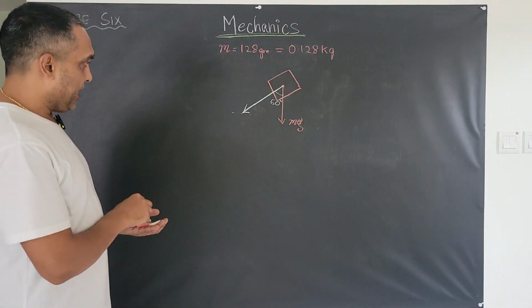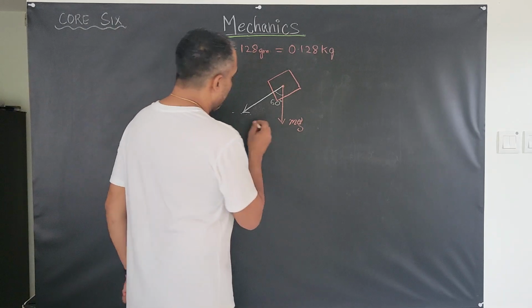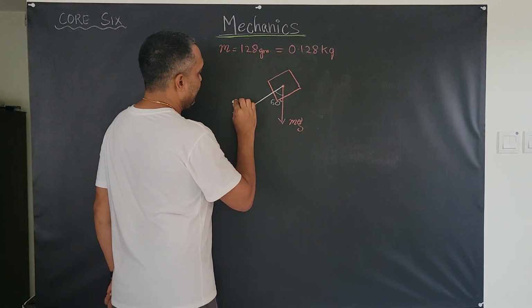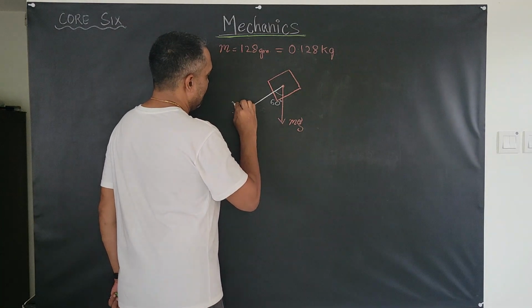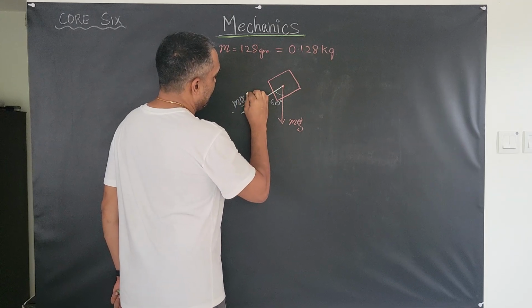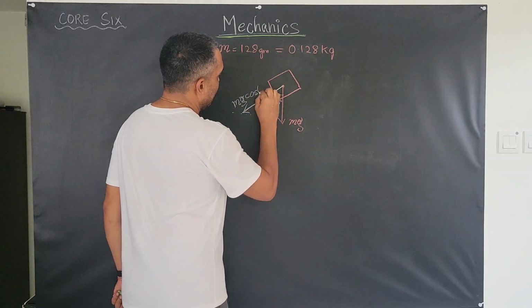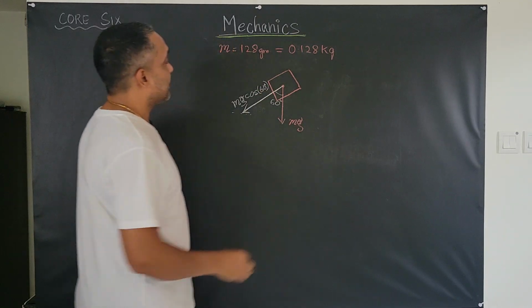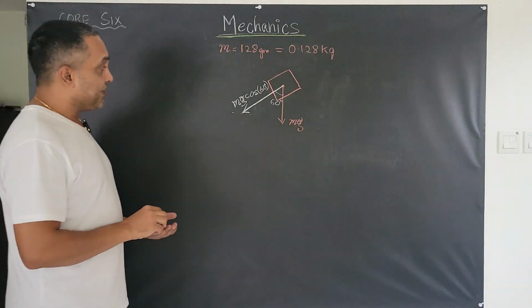What would that force be? That resolved force would be mg cosine theta. So this would be cosine of 60 degrees. I do like 60 degrees, cosine of 60 degrees, very easy to work with.